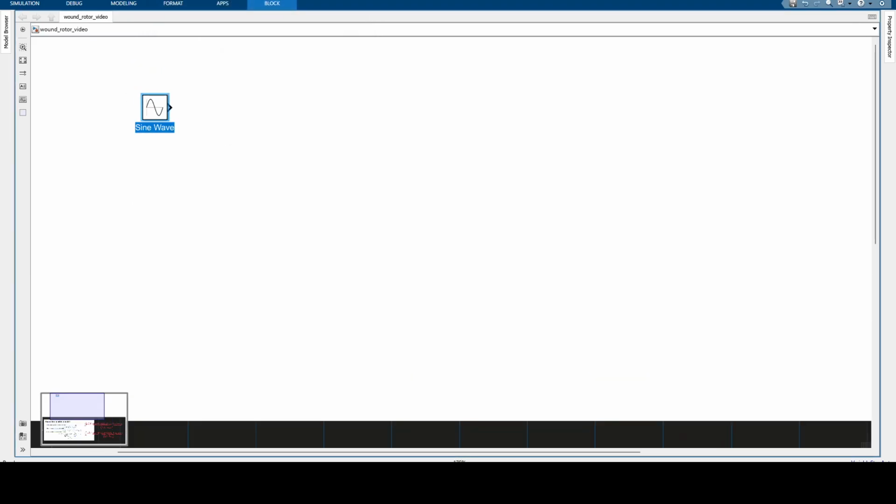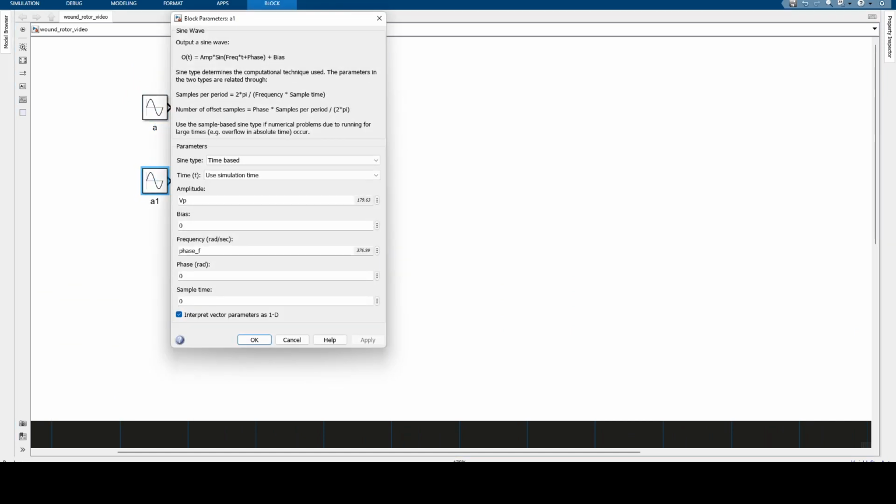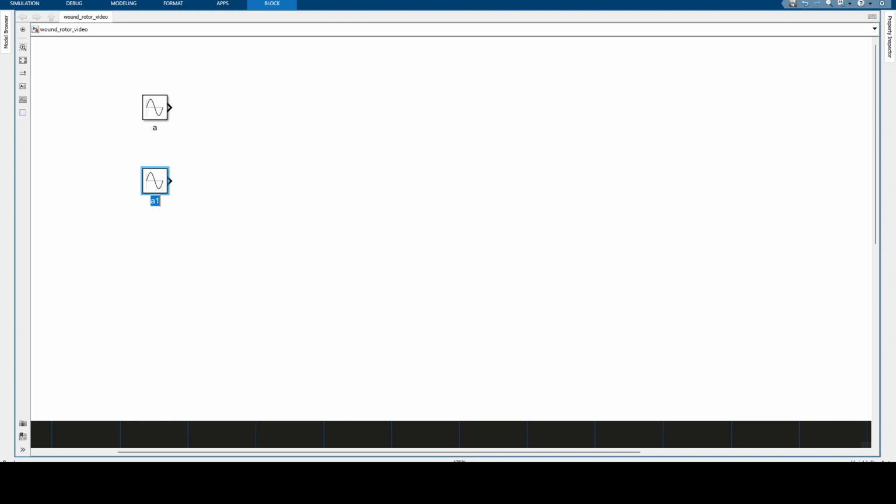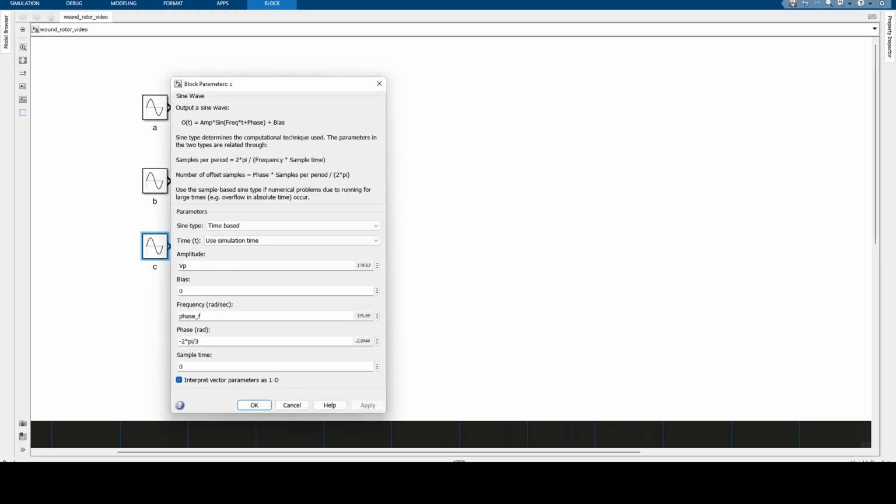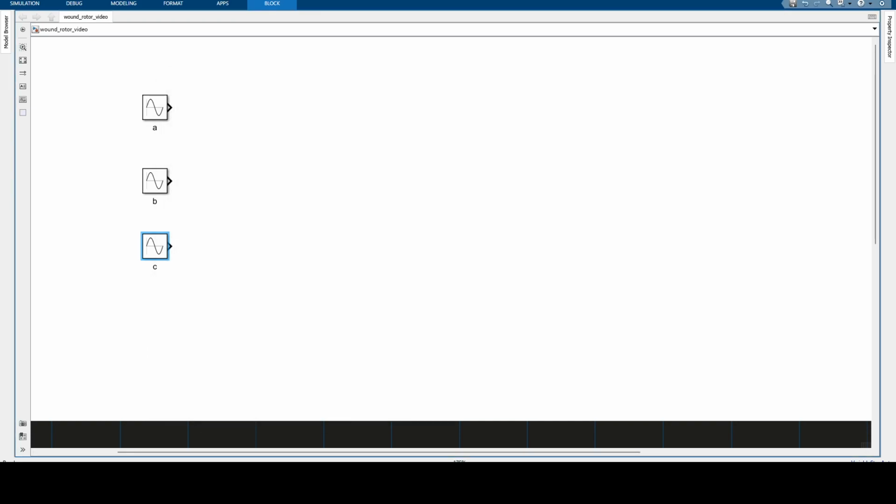Okay, so this is A. We are gonna have also B, the same amplitude, the same frequency, but a 120 degrees shift, so 2 pi over 3. And this is our B. And now we're gonna do our C, and it's just shifted 4 pi over 3 from A. Okay, so this is our 3 phases. That's our input for our motor.